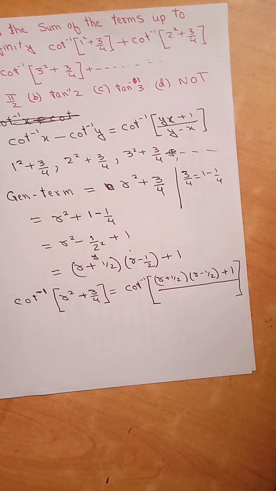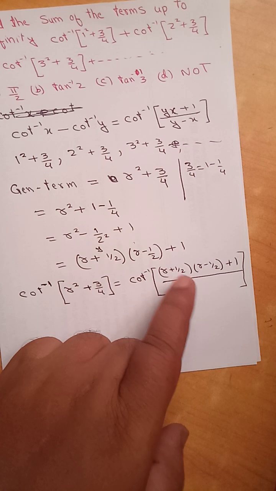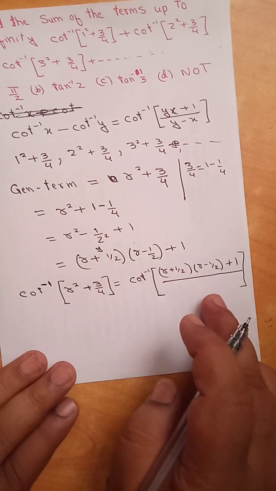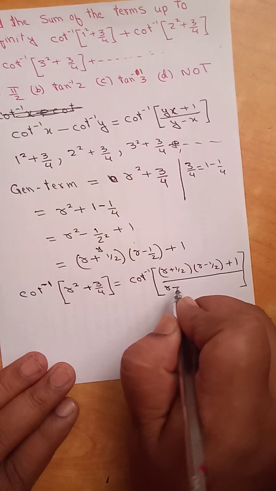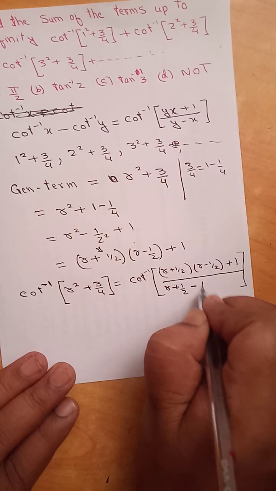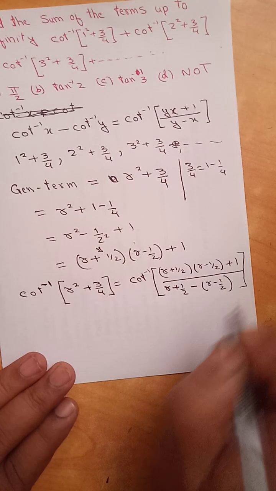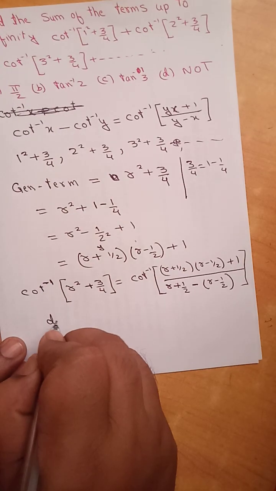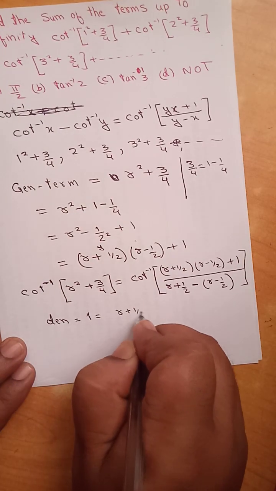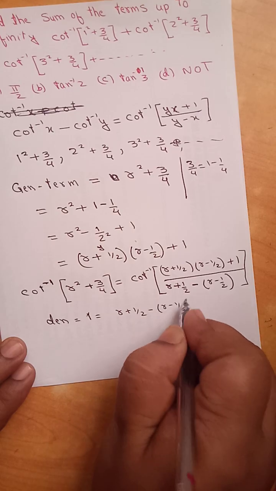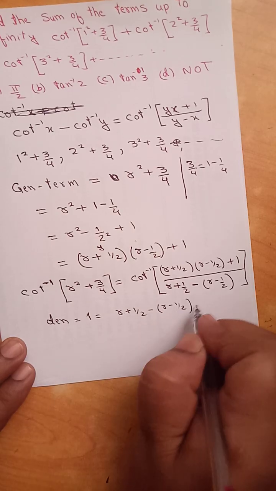Carefully observe: the numerator is this term and the denominator is 1. First I will write r plus 1 by 2 minus (r minus 1 by 2), so the denominator 1 can be written as the difference of these two terms. The r cancels, and 1 by 2 plus 1 by 2 is equal to 1.